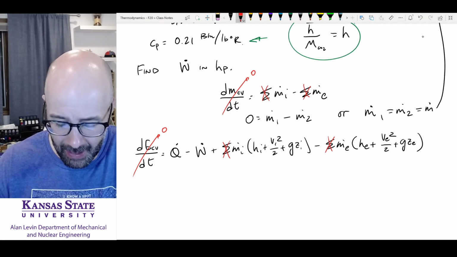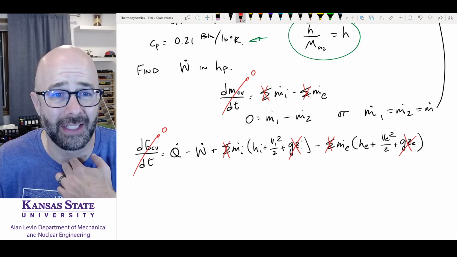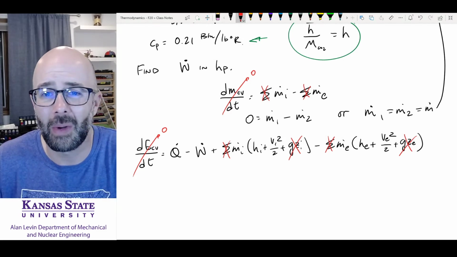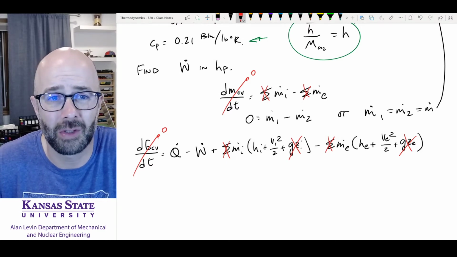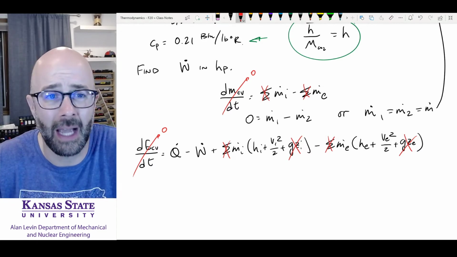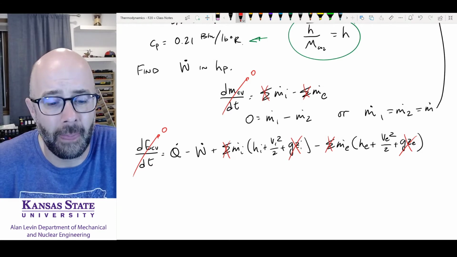They didn't give us anything about the potential energy, so this is going to go away as well. But they did give us a velocity. So we can make a decision about whether we're going to assume the velocity is negligible or not. And so because they gave us a velocity, right now I'm going to say I want to use it. And so we're going to have kinetic energy terms here.